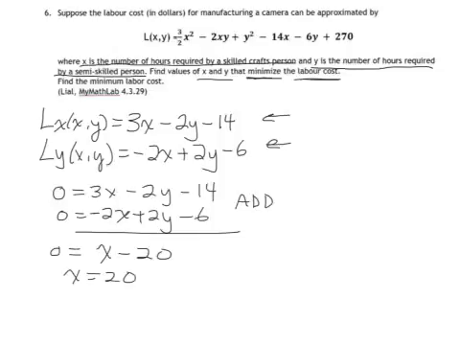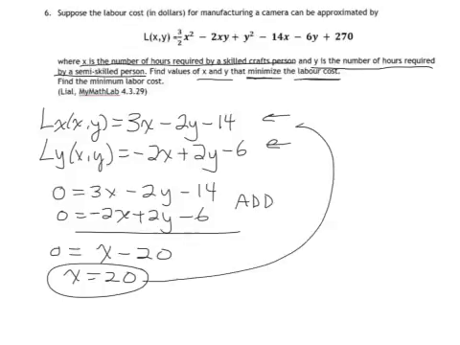There we go. We can substitute x equals 20 into either of these two equations and solve. So let's do that in the first equation, say. We have 3 times 20 minus 2y minus 14 equals 0. We have 60 and minus 14.